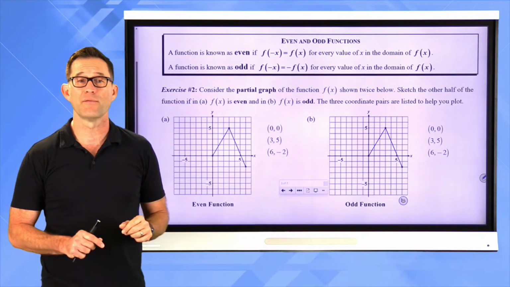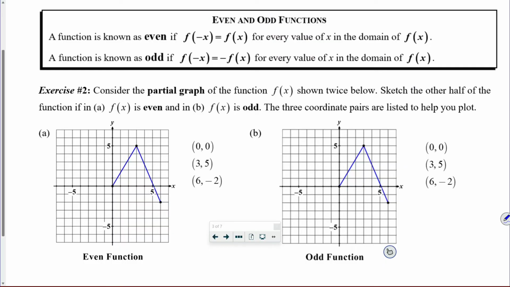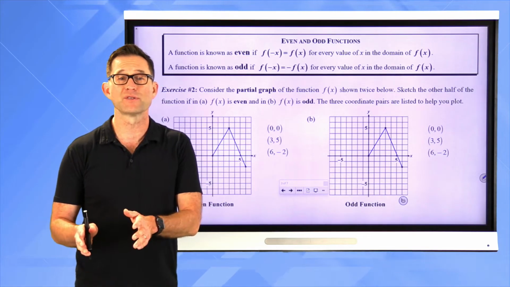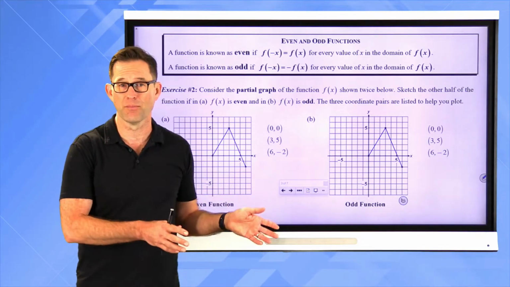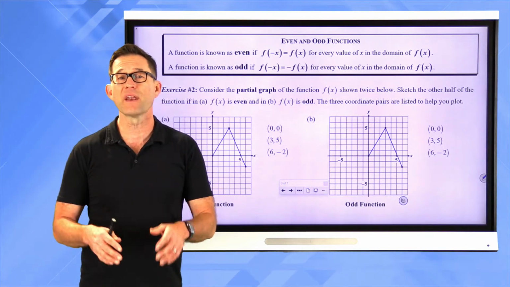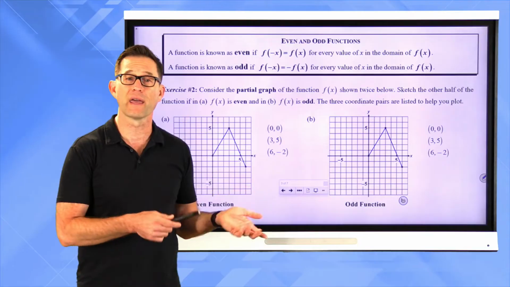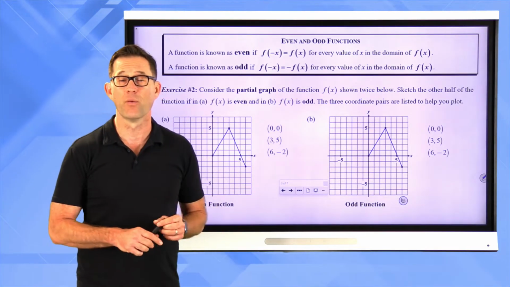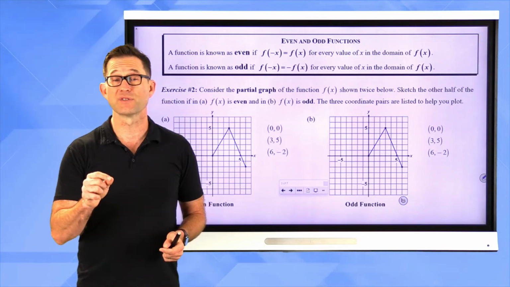Now let's talk about odd functions. A function is odd if f of negative x equals negative f of x for every value of x in the domain of f of x. So here, opposite inputs are giving us opposite outputs. Now, it doesn't mean that a negative value of x will give you a negative value of y, and a positive value of x will give you a positive value of y, although that was the case in our first exercise.